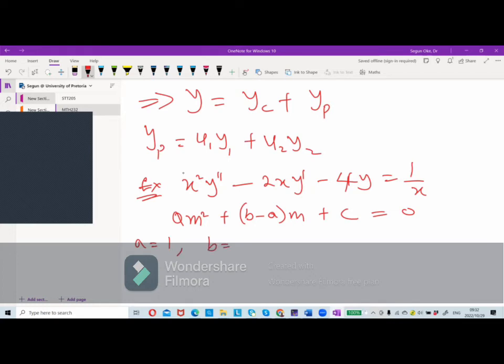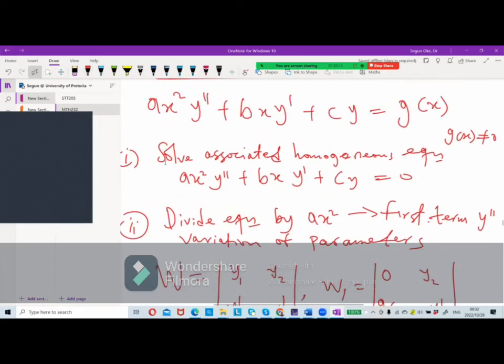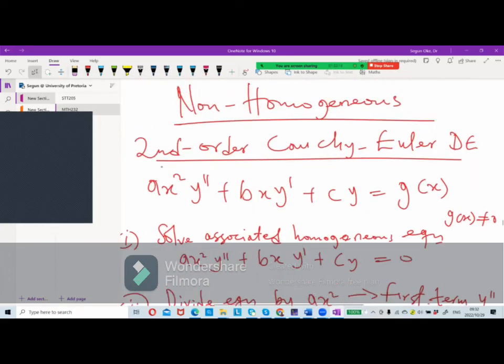What is your b? Minus 2. Your c? Minus 4. Then your g is 1 over x. Remember the formula here, the general term. We can call this one equation star.